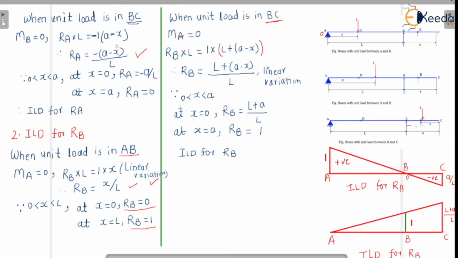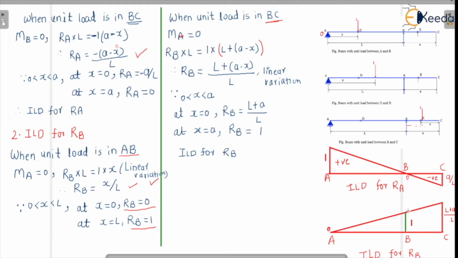Now this X is again varying between 0 to A. Okay. So when X is equal to 0, RB becomes (L plus A) by L, and when X equal to A, we are getting RB equal to 1. Now again substitute these values. Now let us see the AB portion. For AB portion, when X is equal to 0, RB is 0, and when X equal to L, RB is 1.